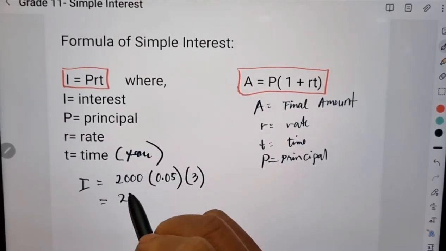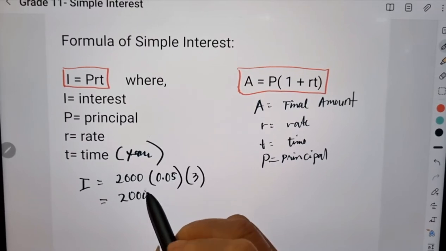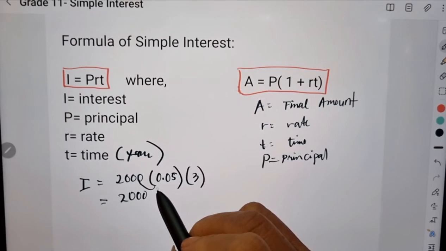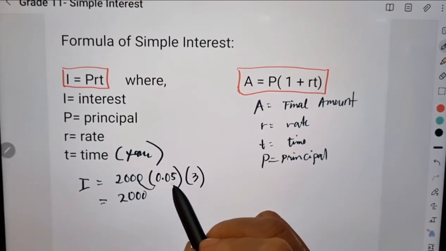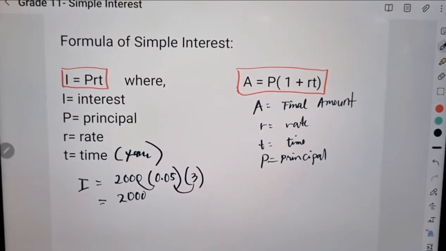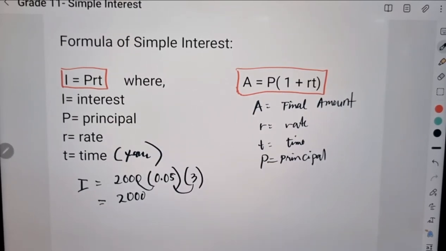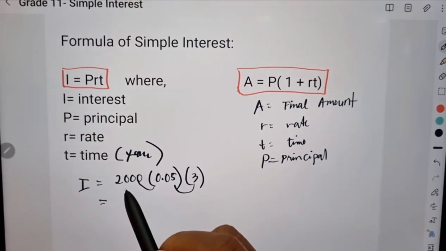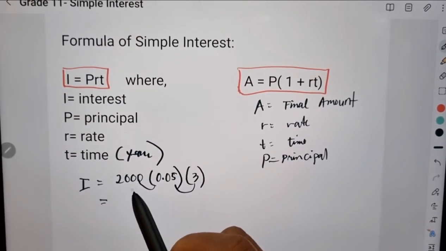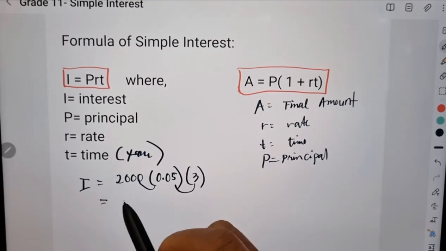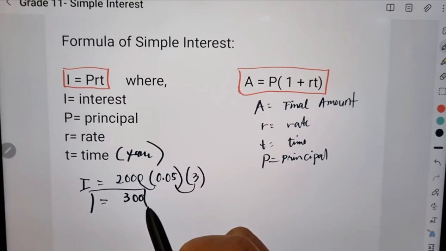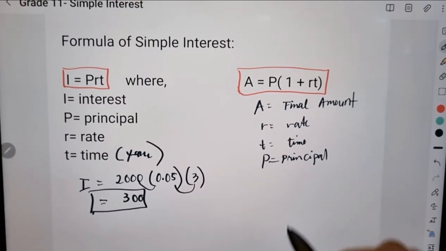So, una, pwede nyong i-multiply nyo muna itong dalawa. Okay? Then, after nyan, 2,000 times 0.05, then multiply nyo ulit sa 3. Okay? So, tuloy-tuloy, pwede naman diretso na sa calculator. Kung allowed kayo gumamit, 2,000 times 0.05 times 3. Na kung saan ang sagot dito ay 300. So, yun yung interest for 3 years. Di ba mas madali lang?